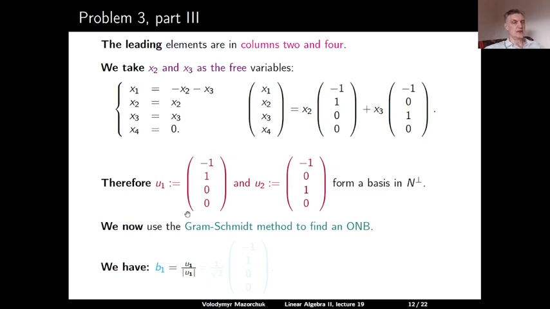The length of u1 is the square root of 1 plus 1 plus 0 plus 0. This is the square root of 2. So the first basis vector is equal to 1 divided by the square root of 2 times minus 1, 1, 0, 0.